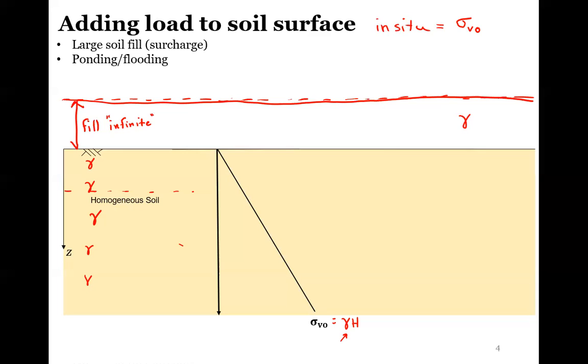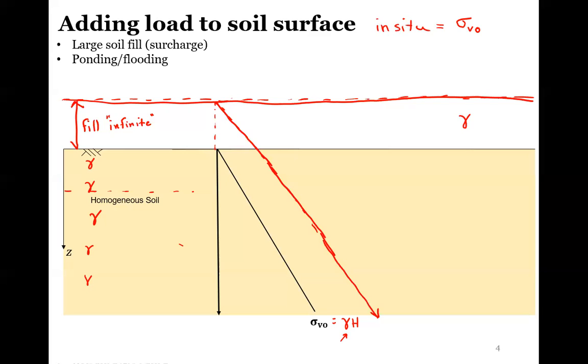If we call this an infinite surcharge, something super large going across the entire project, then we just treat this as another soil layer. So this would simply shift the entire curve up like this, and we would see something like this. This would be the entire shift.